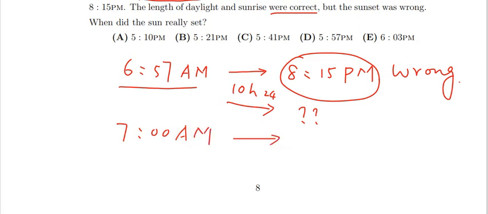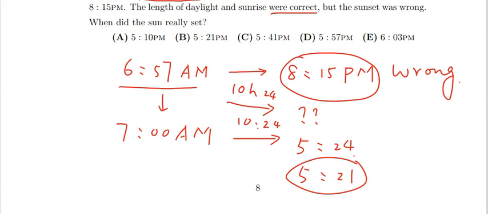Then plus 10 hours, it becomes 5:24. But from here to here, we need to minus 3, so this equals 5 o'clock and 21. It should be this, right?